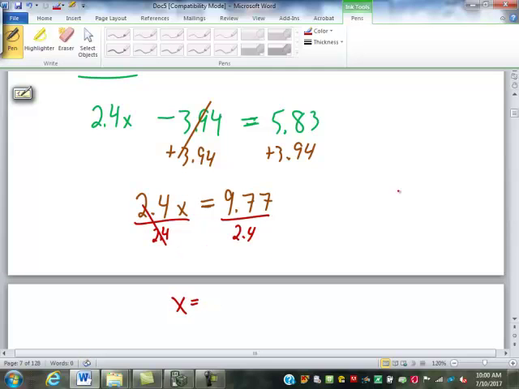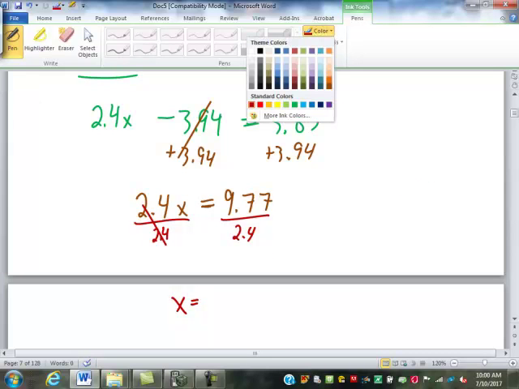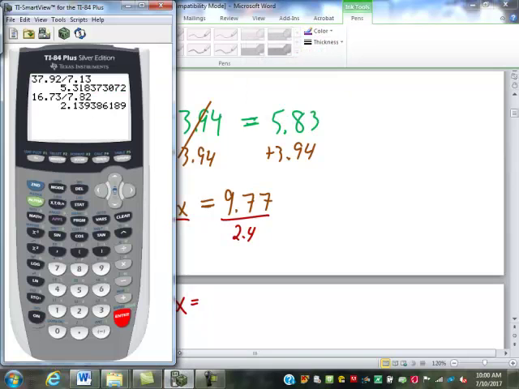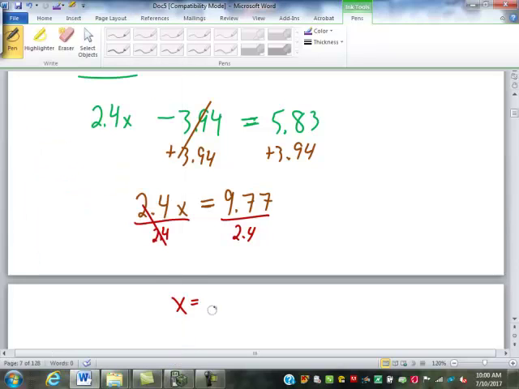X equals, now again, 9.77 divided by 2.4 should terminate, actually. Oh, no, it doesn't. But it does give us a repeating pattern, doesn't it? 4.0708333333. So 4.0708 and then the repeating over the 3.